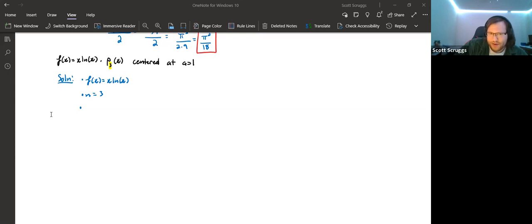In this case, our center, we're told that we centered at 1. So a in this case will be 1. And now that we have that bookkeeping stored, let's walk through our general steps to get the bound for the estimate.